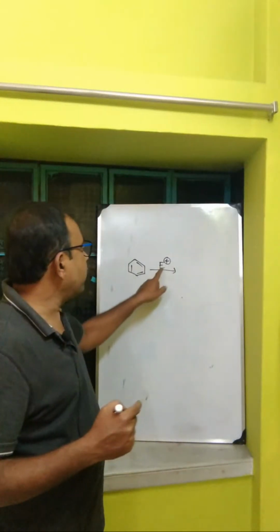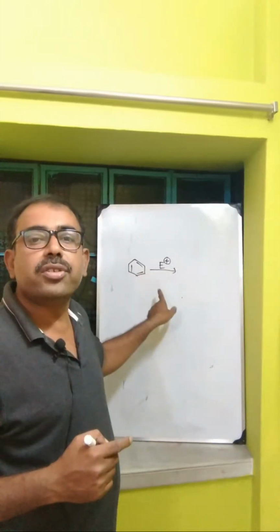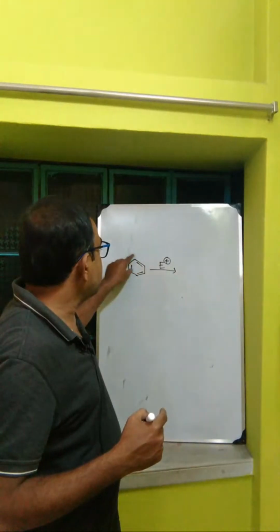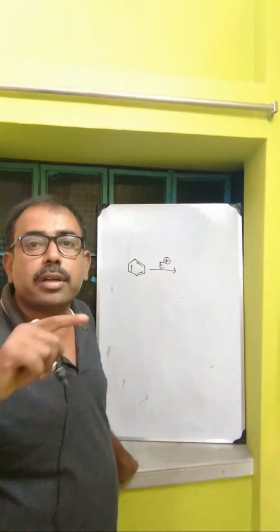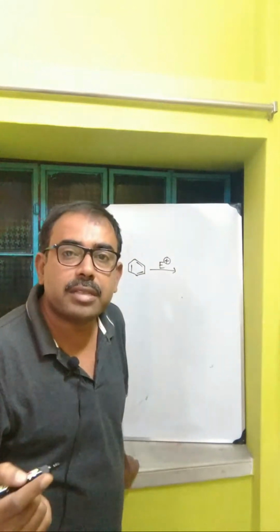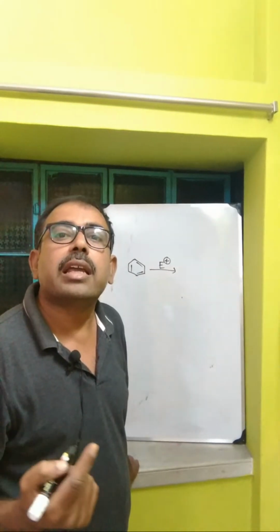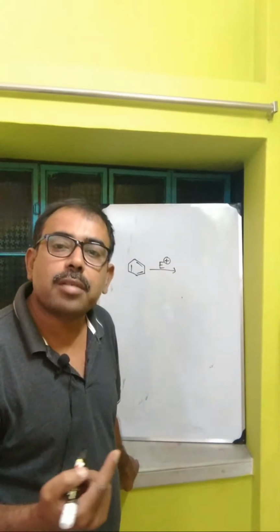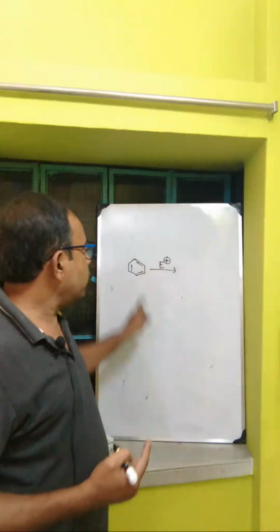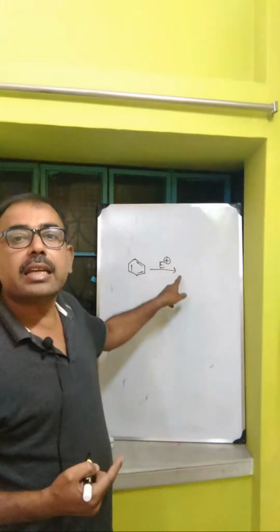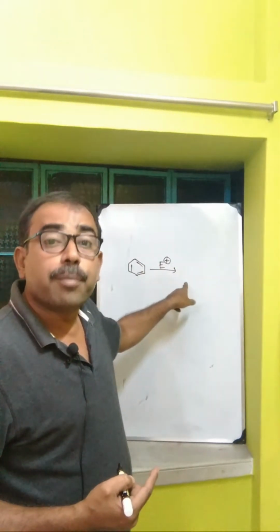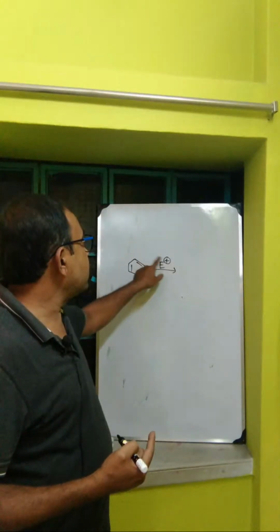Now when an electrophile comes in the vicinity of a benzene ring, as we see, the pi electrons above and below the plane of the benzene ring are not tightly held by the carbon atoms. Therefore these pi electrons can easily get attracted by this positive charge, or by this electrophile.